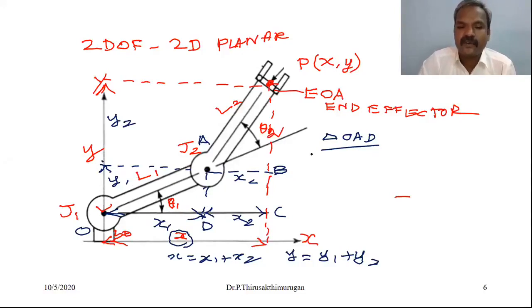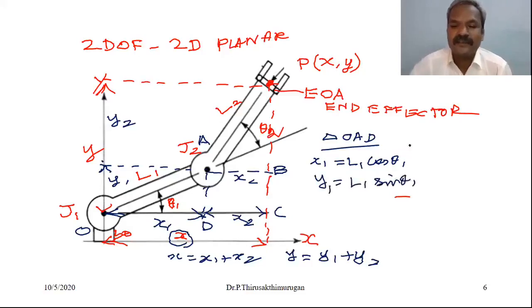So x1 equal to L1 cos theta 1. Similarly, y1 equal to L1, opposite side, sin theta 1.